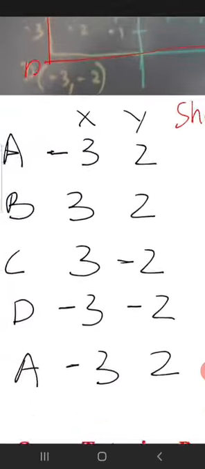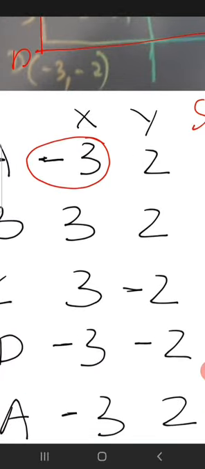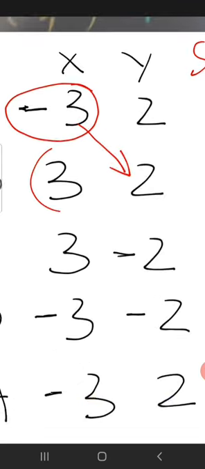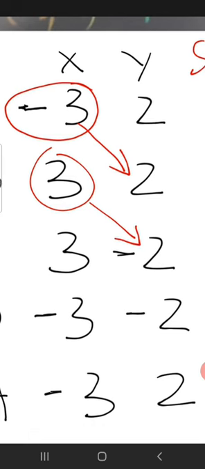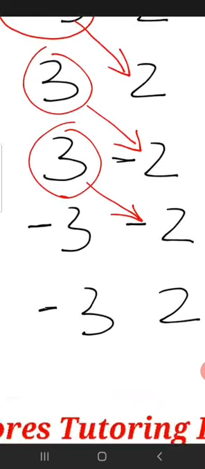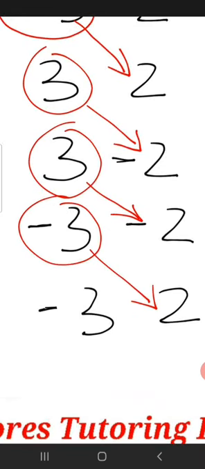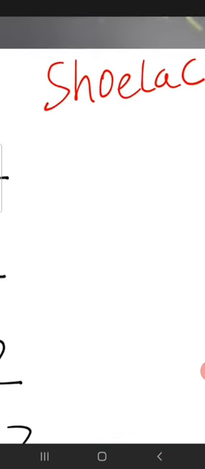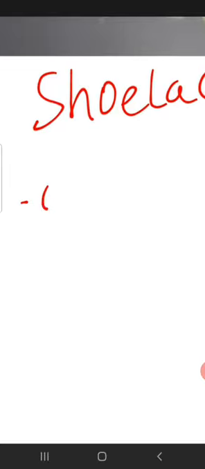Now what we will do is to take this top coordinate and then multiply it by 2, you get -6. Repeat this, you will get again -6. Repeat the operation, you get -6, and finally you get -6 here. Okay, once you are done with that, you will get -6, -6, -6 and -6.